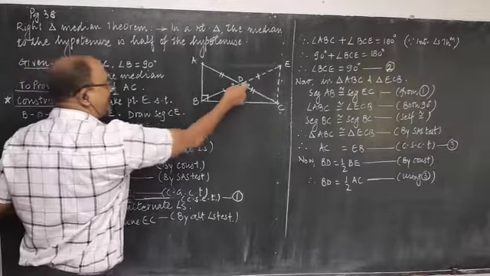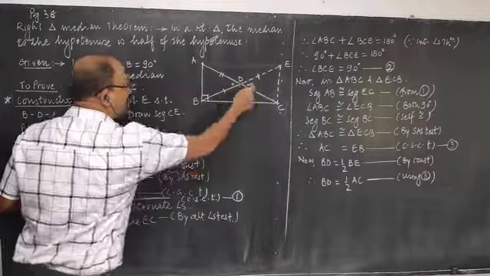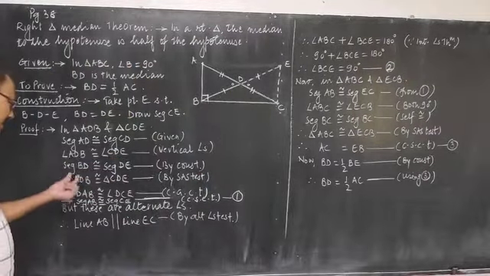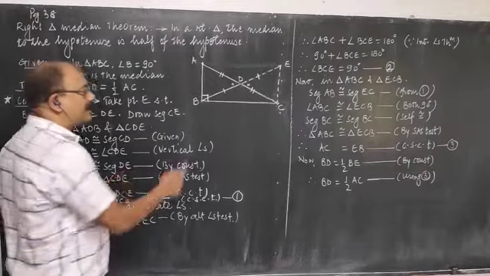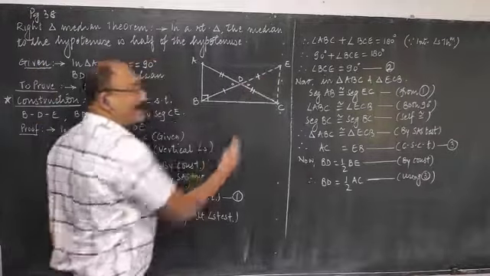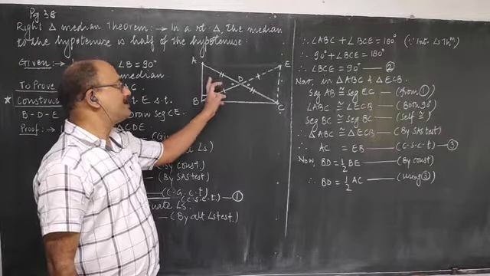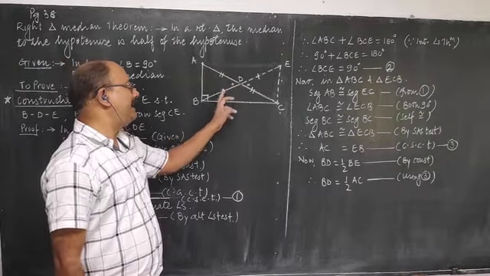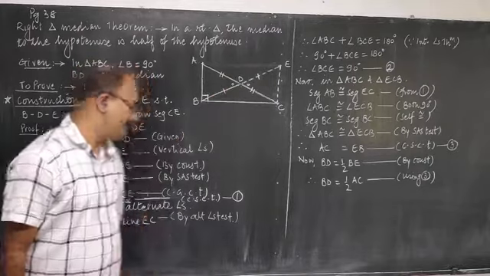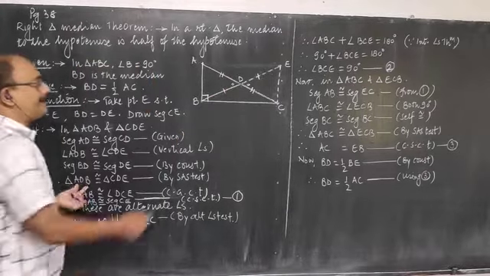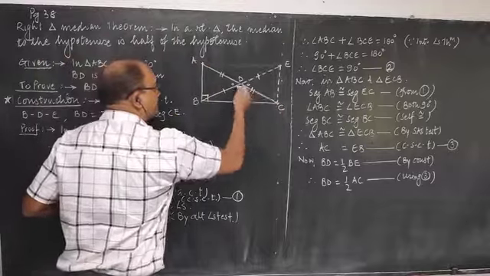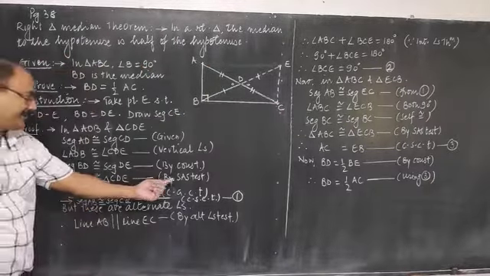Angle ADB is equal to angle CDE, these two are vertically opposite angles. BD is equal to DE by construction. Therefore, these two triangles are congruent by SAS test. We have written that triangle ADB is congruent to triangle CDE by SAS test.